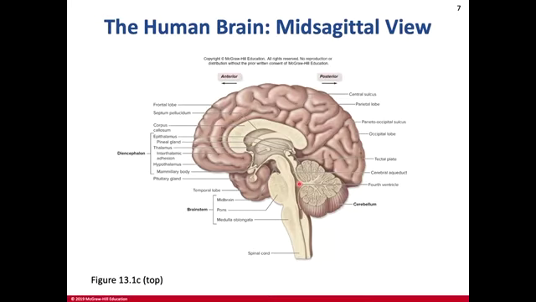And the purpose of the ventricles is to produce and circulate a liquid called cerebrospinal fluid, in which the entire central nervous system floats in order to protect it and keep it from bumping against the hard outer casing that it's in, right? The brain and the brainstem are inside the cranial cavity, and the spinal cord is inside the vertebral column, right? And they can't be bashing up against those hard surfaces because they would get damaged, okay?